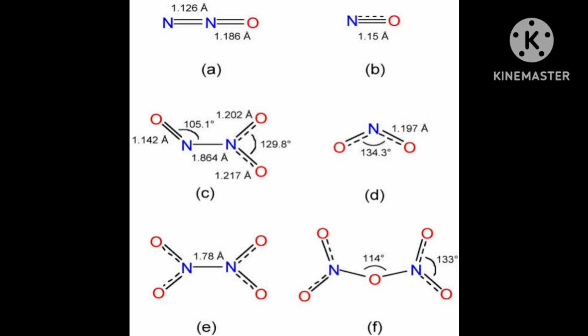Bond length depends upon what type of bond is there. If a double bond is there, then it is stronger, so the atoms are closer because the bond is strong. That's why the bond length will be less, because they are closer in comparison to the single bond.